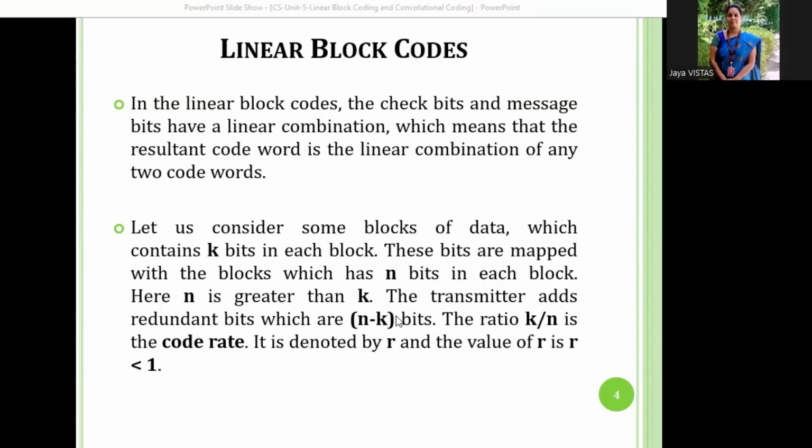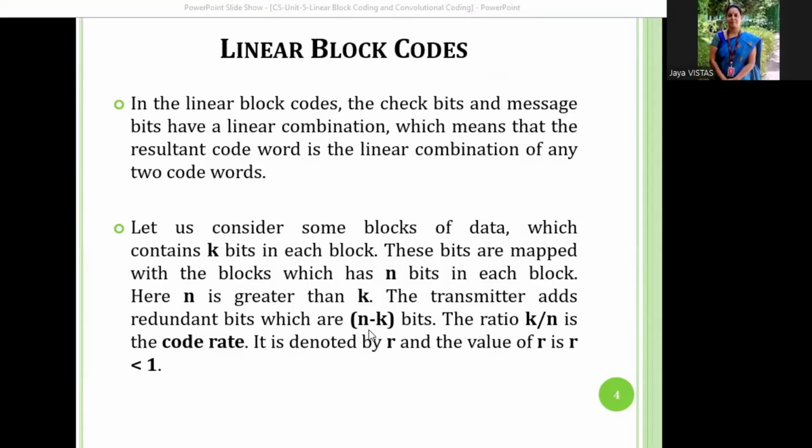I already told you the block includes message bits plus check bits. The message bits are small k, and n represents the total number of bits. So n minus k, that is the total number of bits minus the message bits, is the redundancy bits or check bits.